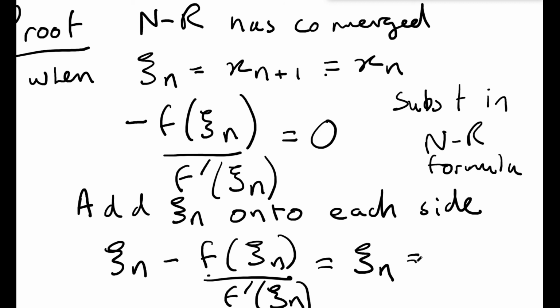And if I call that g of psi of n, you can maybe start to see it's a little bit like another problem we looked at. So what I've done is this is not a fixed point problem, but I've manipulated the whole thing into fixed point form. That's the key idea. I want to use the result from fixed point theorem to show the condition for convergence for Newton-Raphson.